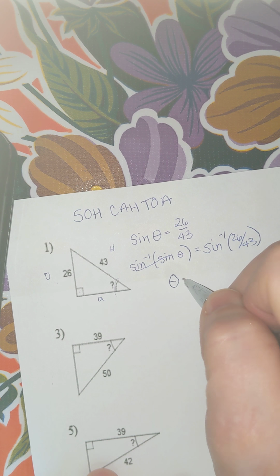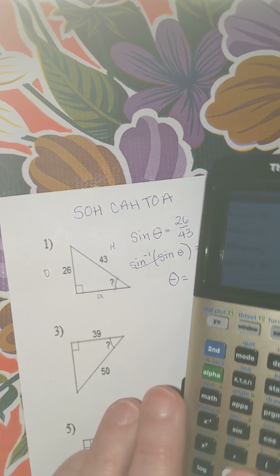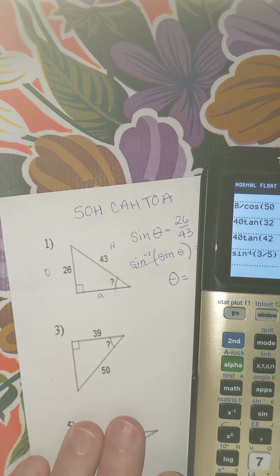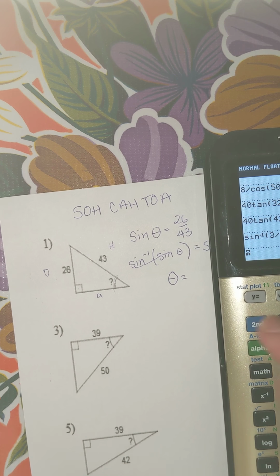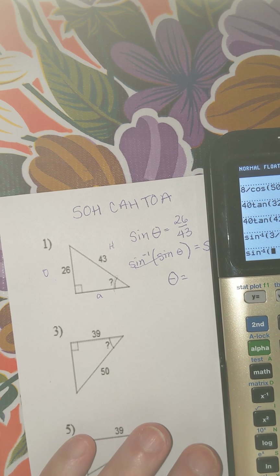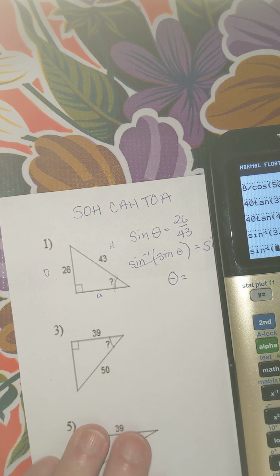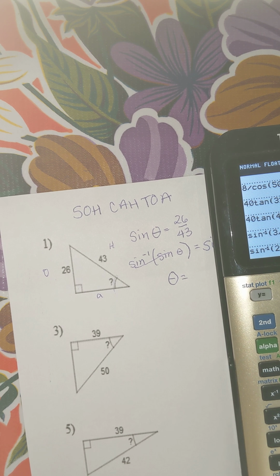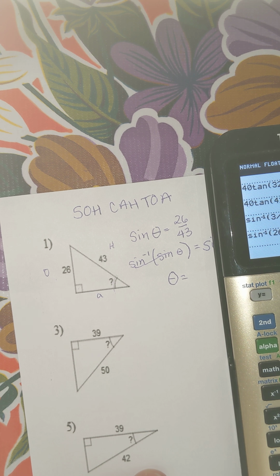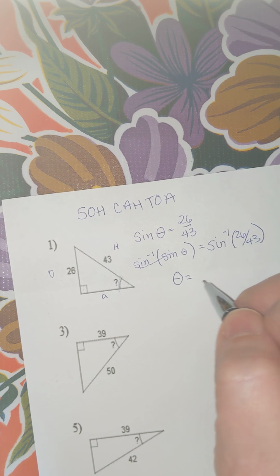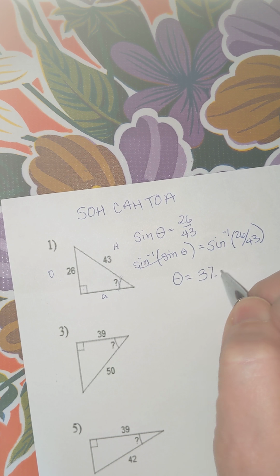Give me theta. And into my calculator. So, since I'm using inverse, I have to press the second button first. 26 divided by 43. 37.2. That's degrees. That's how big that angle is.